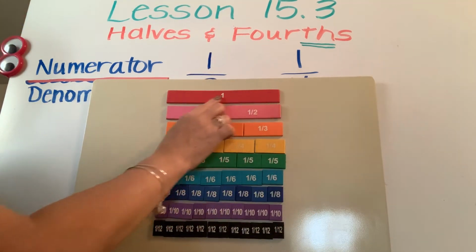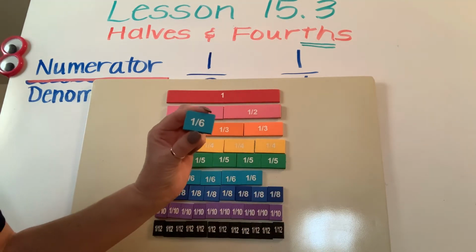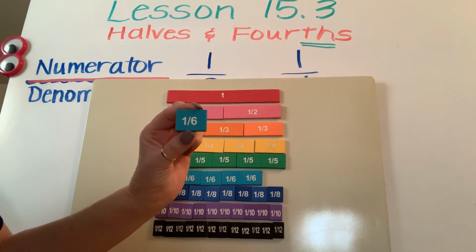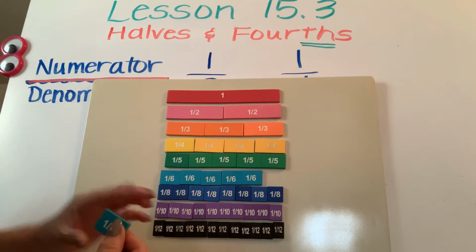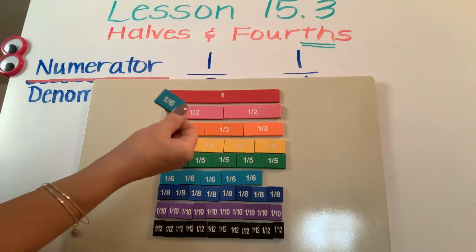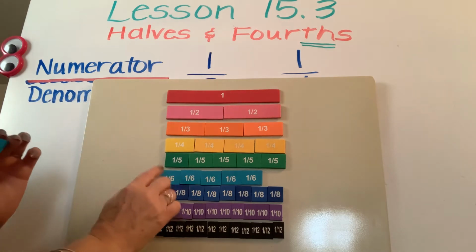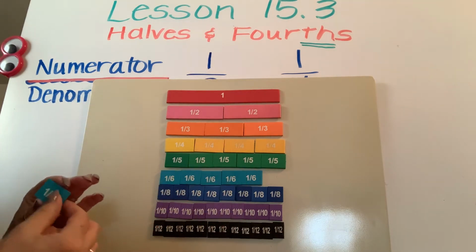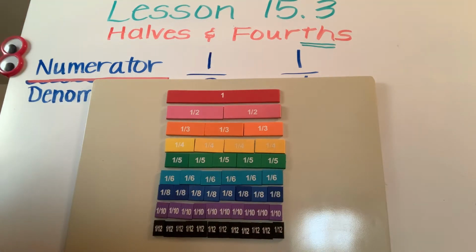All right, now we're going to take that same one and divide it into 6 equal shares. 6 equal shares, and each share is worth 1 over 6. The numerator is 1 because it's only one piece, and the denominator is 6 because I sliced it into 6 equal shares, okay?